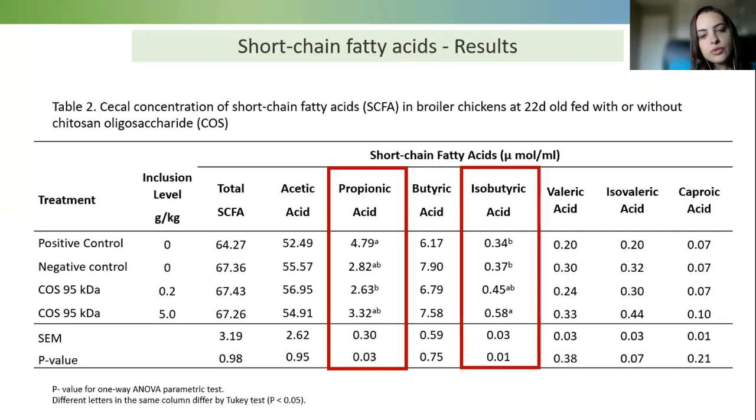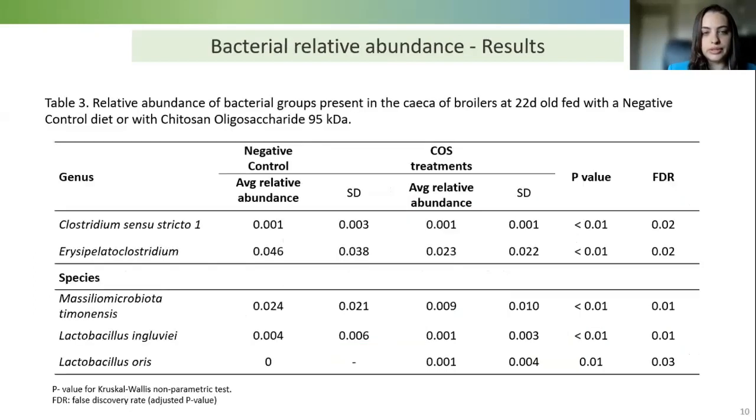When you see the results for isobutyric acid, the COS95 KDA, the one included at 5 grams per kilo of the diet, had the highest concentration of this acid compared to positive control and negative control treatment. The isovaleric acid tended to be significant, and again, the COS95 KDA included at 5 grams per kilo of the diet tended to have a highest concentration of this acid in comparison to other treatments.